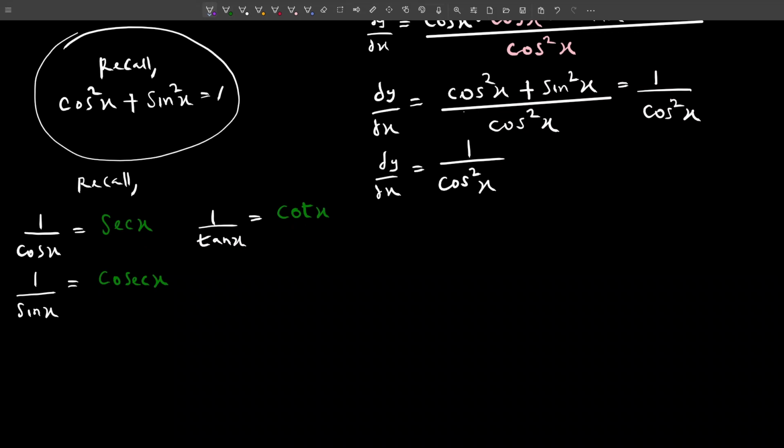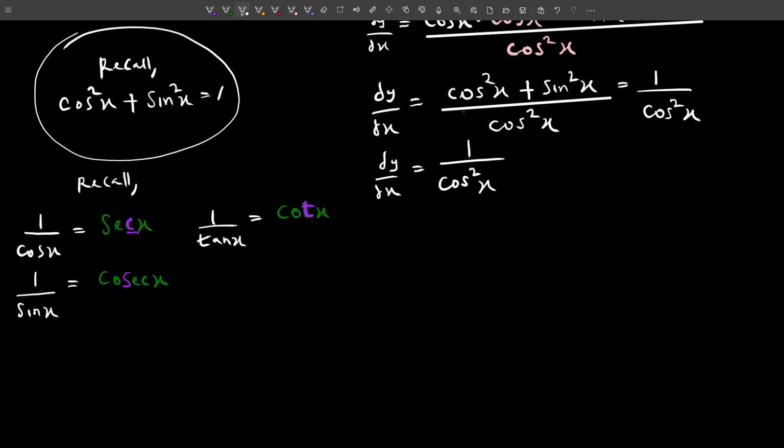Remember, if you look at sec x and count the letters, 1, 2, 3, note the third letter, that's C. It is the same thing here: 1, 2, 3, the third letter, that's S. And note the letter here as well: 1, 2, 3, that's T. That's tan. So you can see T, 1 over tan; S, 1 over sine; C, 1 over cos. That's very good to remember.